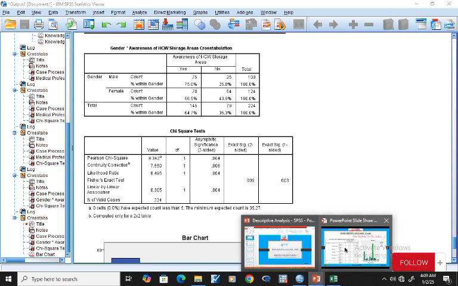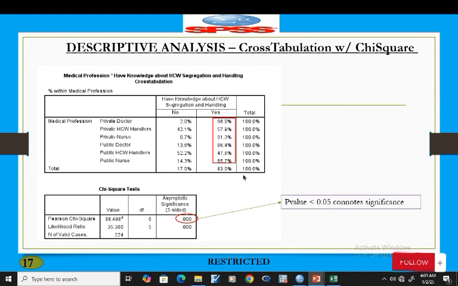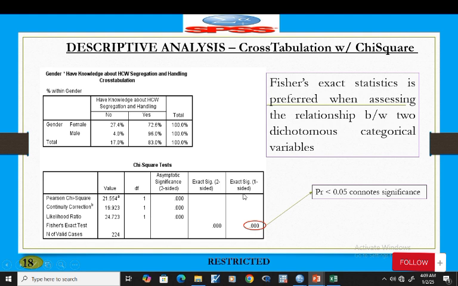Okay, so that is that for now on the descriptive analysis with SPSS. As you can see, the Fisher's exact statistic is only for a 2 by 2 contingency table.